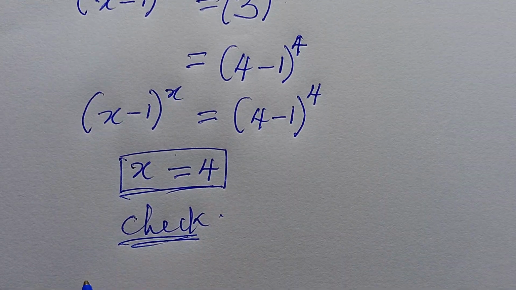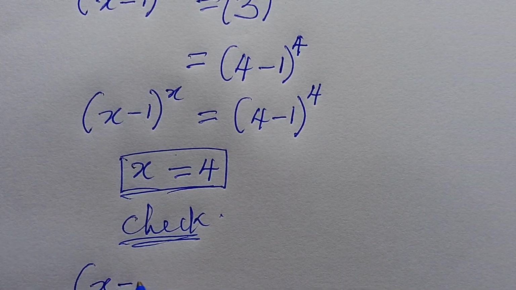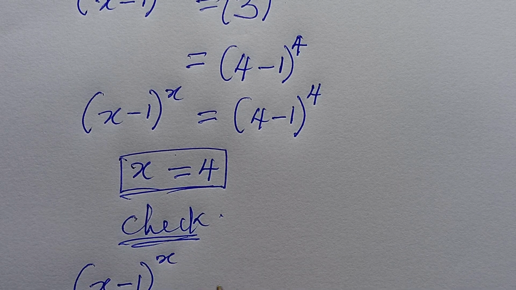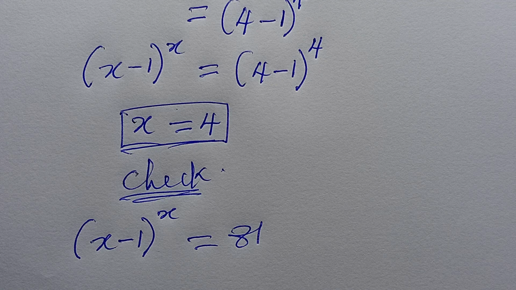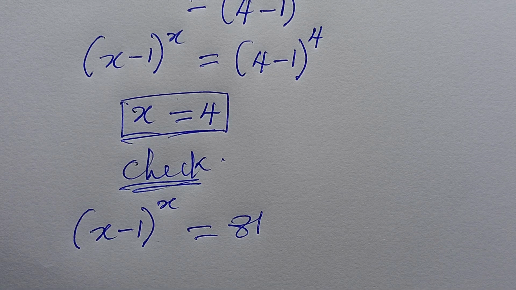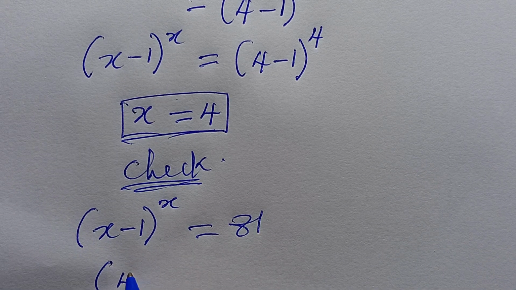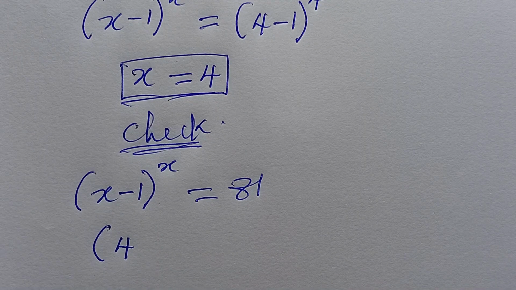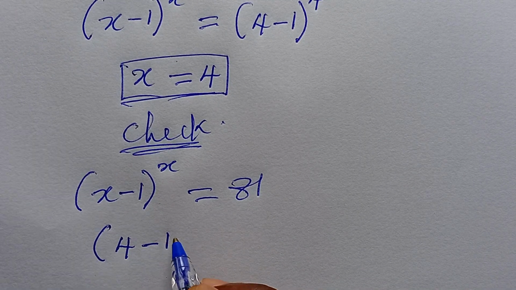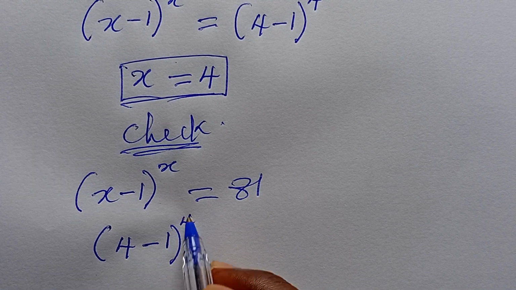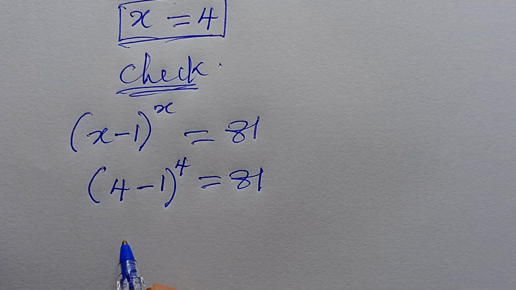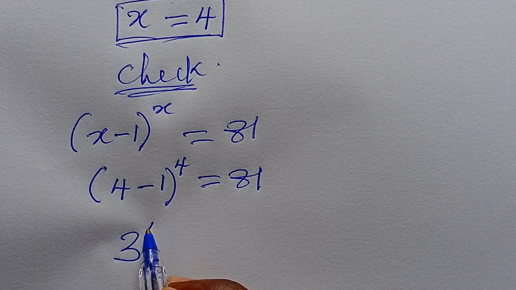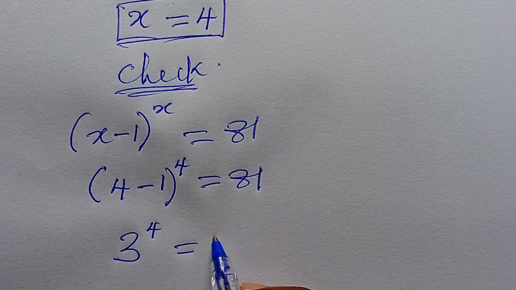Checking, we have our original equation (x − 1)^x equal to 81, right? Good. So wherever we see x, we put in 4. So we have (4 − 1)^4 equals 81. If we continue, this gives us 3^4 equal to 81.